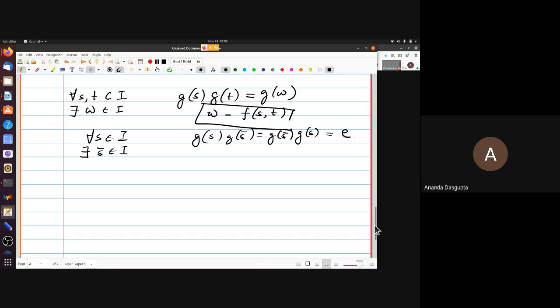We are saying that okay, we have an R parameter group, but within that R parameter group, there exists a one parameter subgroup. That means when I say g of s, I really mean g of x bar of s. Then I really mean g of x bar of t. Those functions. Okay. So put them together, what you will get is g of phi of x bar s, x bar t.